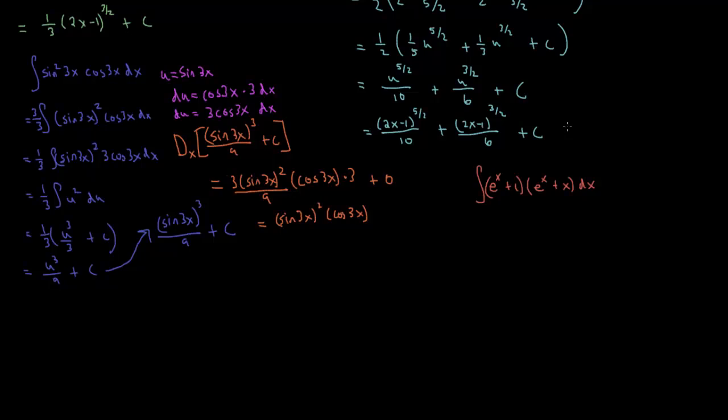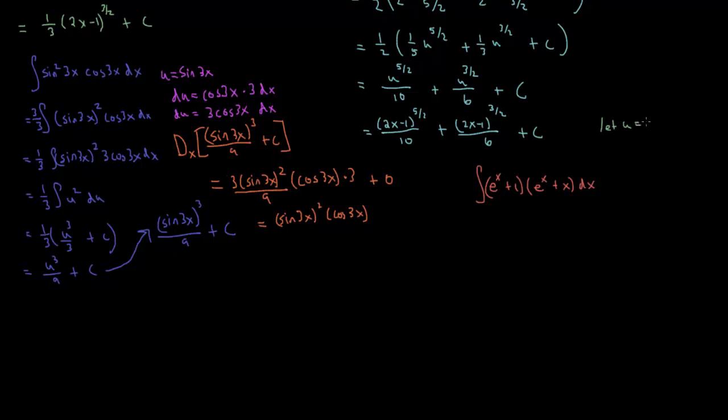But I think the u-substitution might work well for us. And what you have to notice here is if you let one of these equal u, is the other one du by any chance? That is, if you let u equal e to the x plus 1, is the other one du? For instance, let's just say I make this tentative substitution.